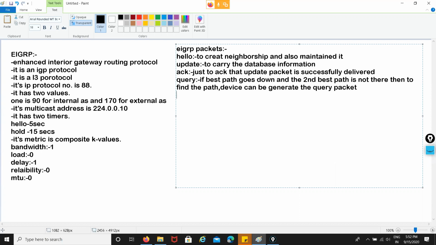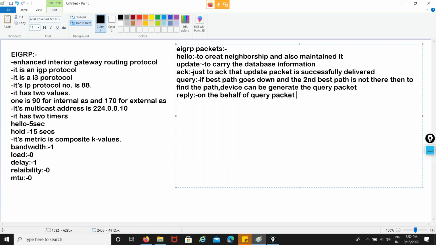Okay. And what about the last packet? Last packet is the reply message. So on behalf of the query packet, devices send the reply packet.